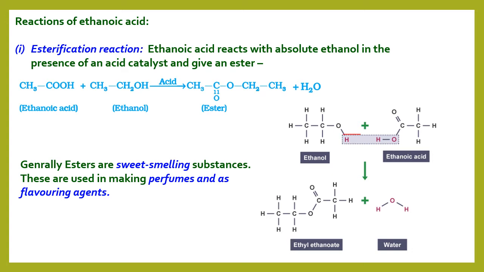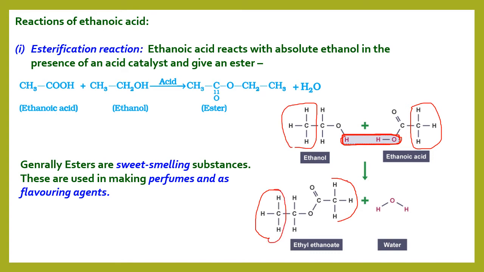This H and that OH will be removed. Rest of the atoms will be the same. And see, they will bond together in this way that we get CH3COOCH2CH3. This CH3 and this CH3 are over here.